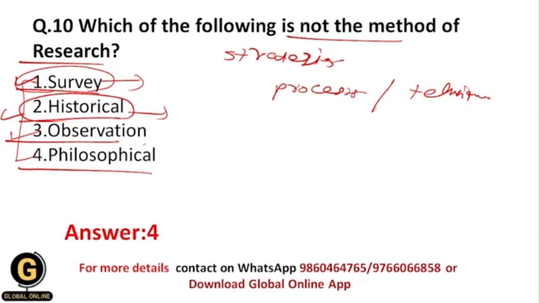And as well observation is the most used data collection method in research, in different kinds of research types, right? And within observation, the researcher can use strategies or techniques such as participant observation, which is one strategy, and non-participant observation, which is another strategy. Okay, and that's why all of these are methods of research, but philosophical is not a method of research, and that's why your correct answer should be 4.